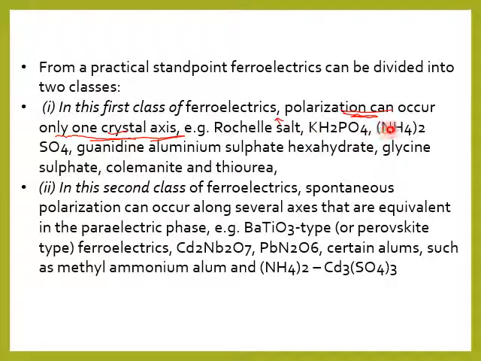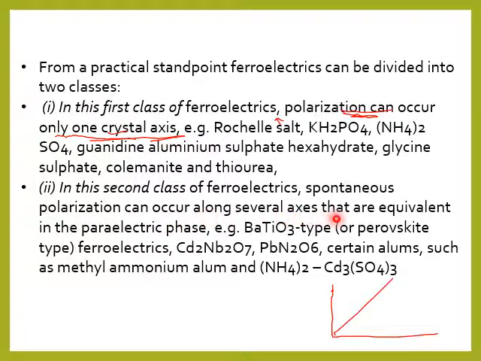Another example of this first class is ammonium sulfate, guanidine aluminum sulfate hexahydrate, glycine sulfate, colemanite, and thiourea. And in the second class, the spontaneous polarization occurs in several axes, along the x-axis, along the y-axis, along the z-axis.